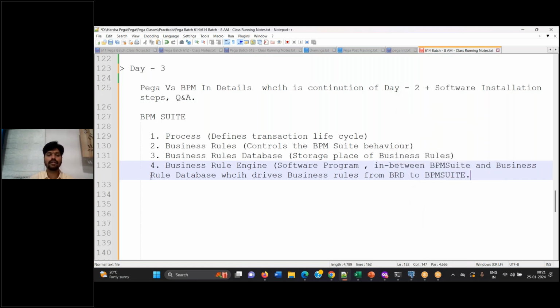Understand, clear? It will control the behavior of the system. Rules should be driven for processing purposes, and that will be driven by business rules. These are the components in a BPM system. Everyone clear? So we understand BPM as a system so far.